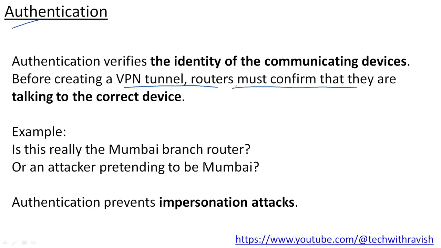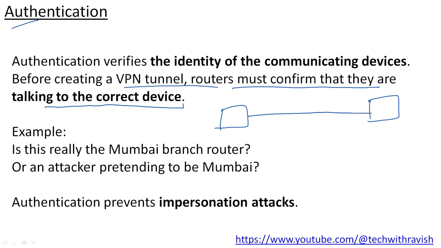A router must confirm that it is talking to the correct device. That means the VPN or the security in authentication verifies the source and destination. Are the source and destination the original ones or not? It may be possible that your destination is compromised. A new destination has been changed and all the data is forwarded to the new destination.